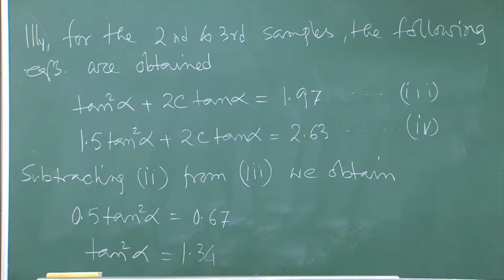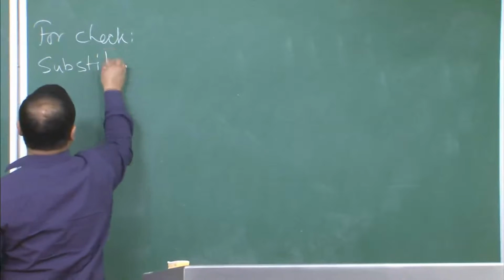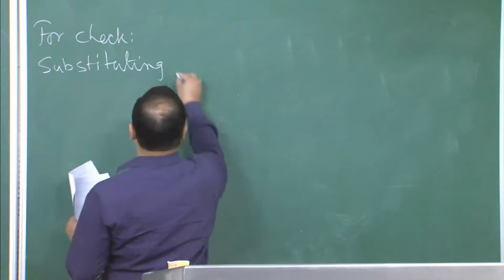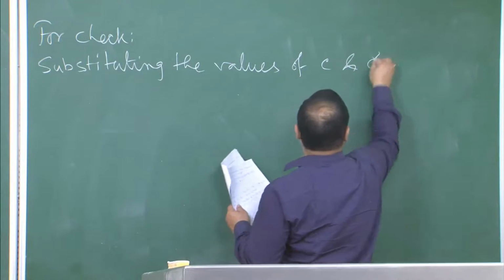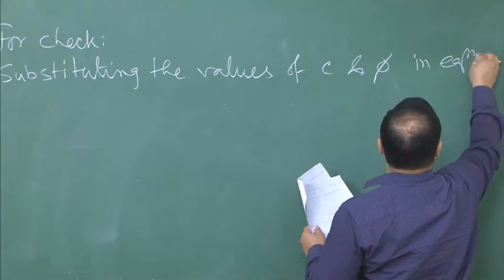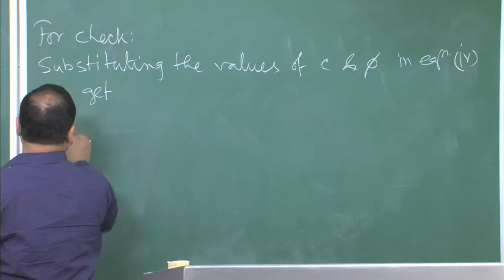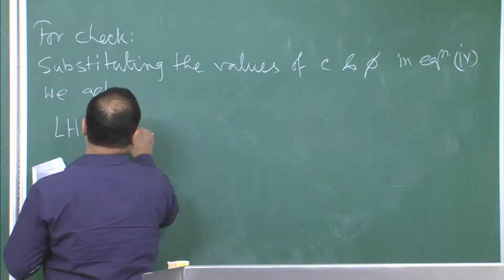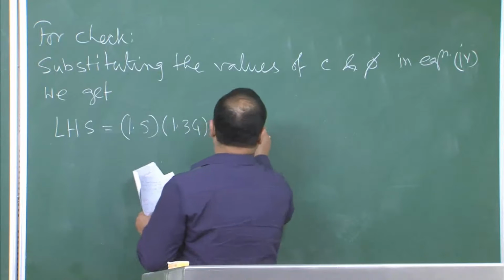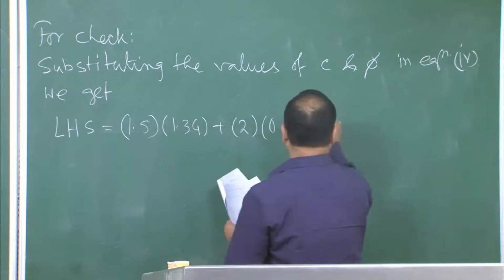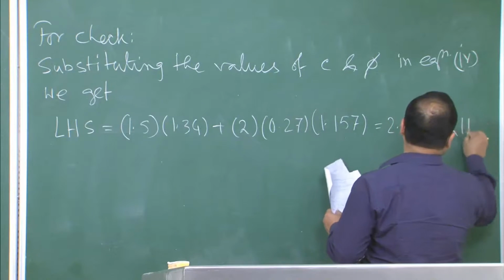So, for the check, substituting the values of c and phi in equation 4, we get the left hand side equal to 1.5 into 1.34 plus 2 c tan alpha, with tan alpha 1.157, which is equal to 2.63, the right hand side of equation 4.